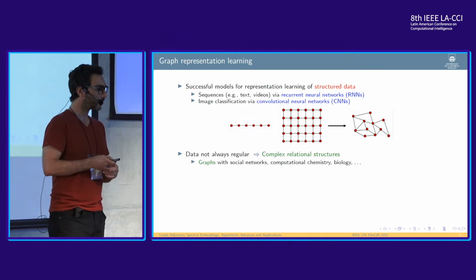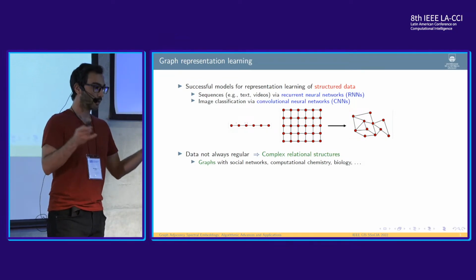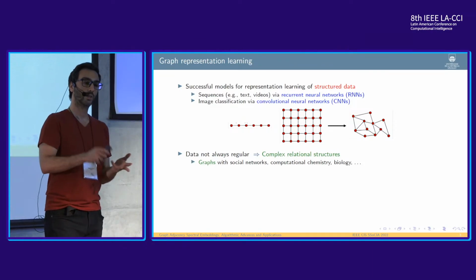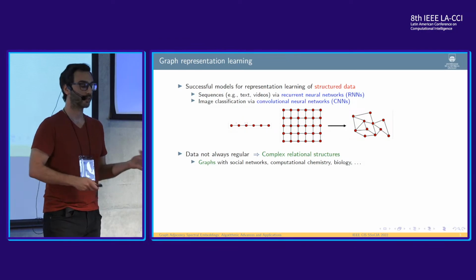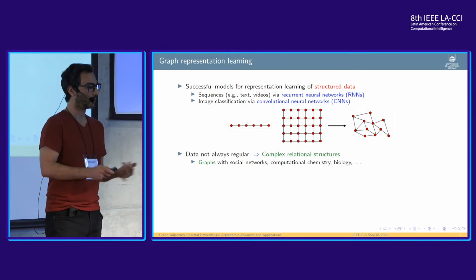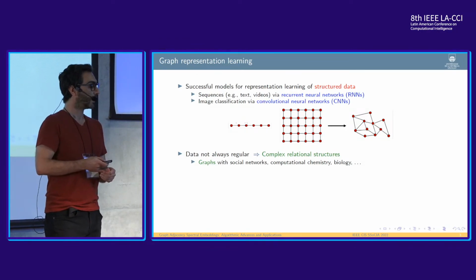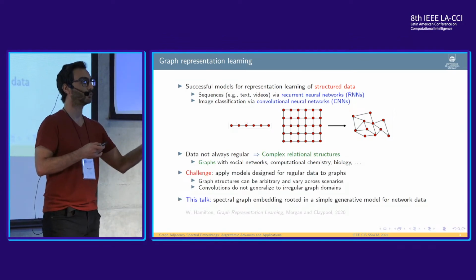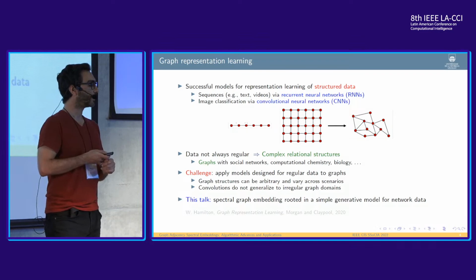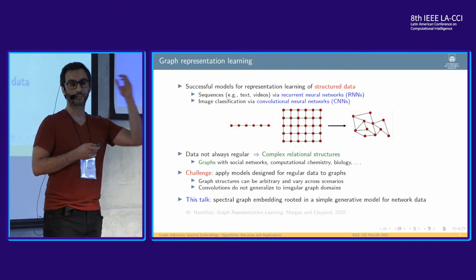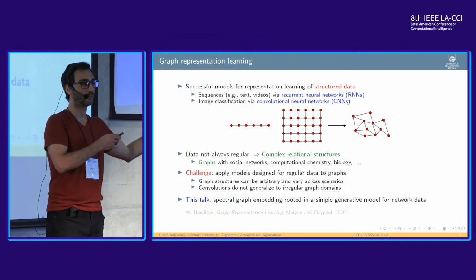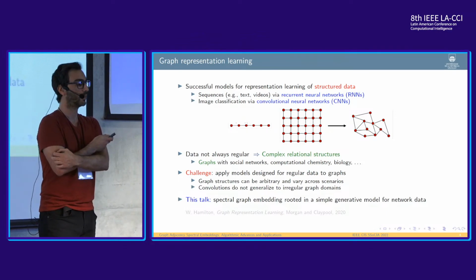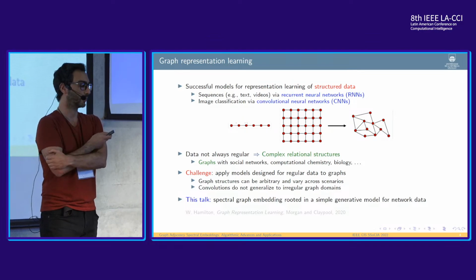We have, of course, a lot of examples from biology, social networks, gene regulatory networks, chemistry, and many more. The main challenge here is that it is hard to define convolutions, which are the key for these methods to work in image processing and audio, in the graph setting.